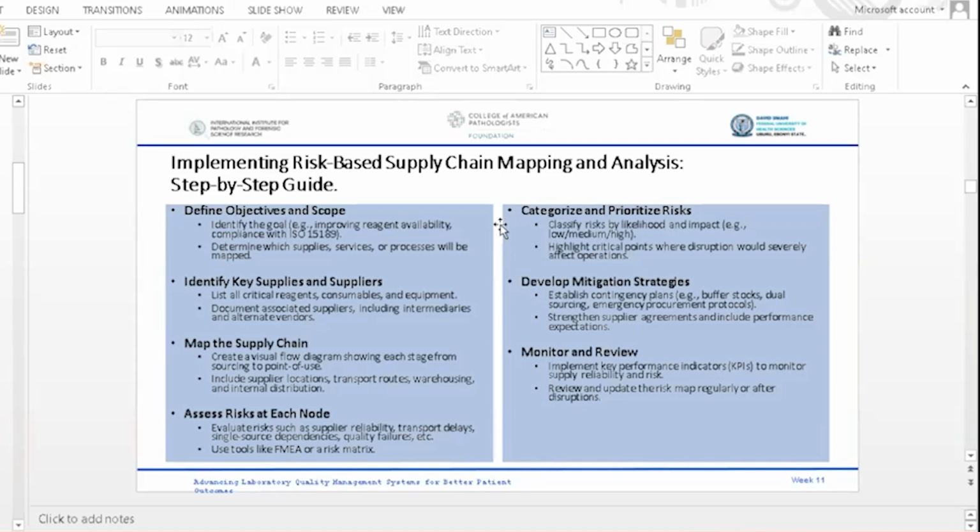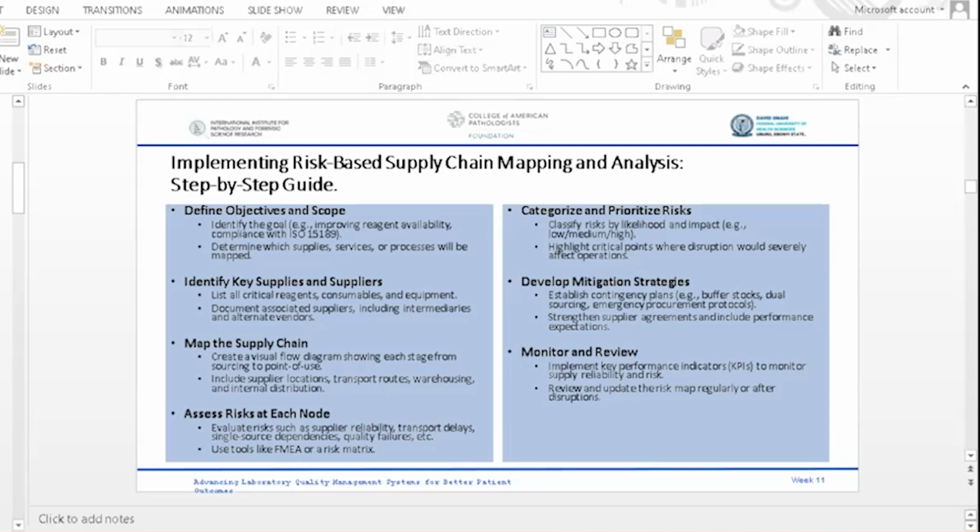The next step is to develop mitigation strategies by establishing contingency plans, such as buffer stocks and dual sourcing. These are contingency plans you will develop.